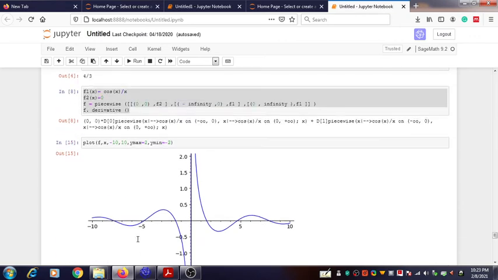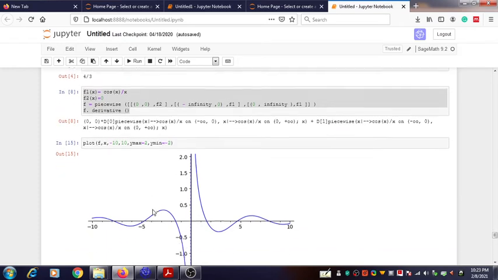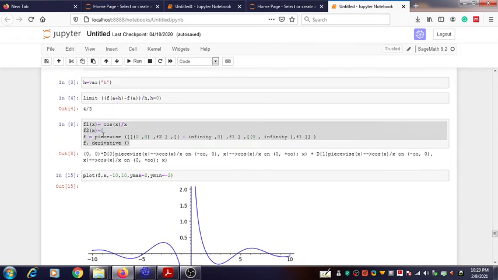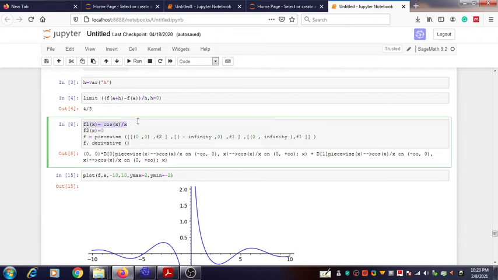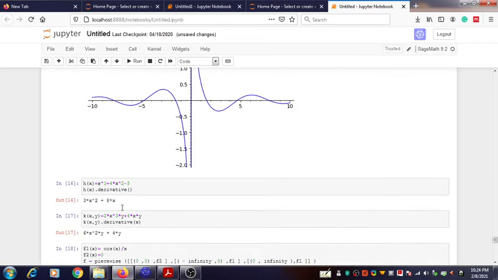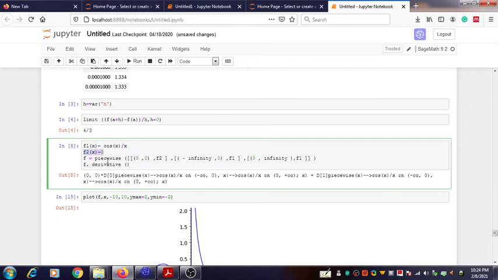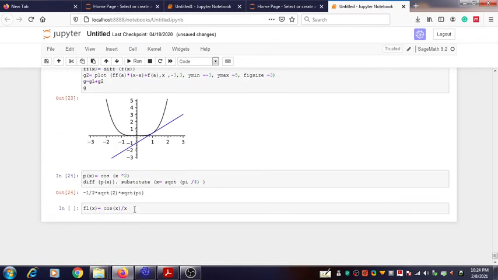Okay, for that we go to the demonstration. I have already done that. Here you can see the definition. The first line is f1 of x equal to cos x by x. I will copy and paste it here. Then the second line is the f2 of x definition, the second function definition.